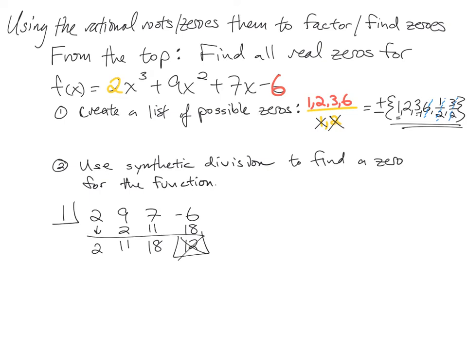Okay, 1 did not give us a 0. Let's move on to 2. Ugh. 2 does not give us a 0. I'm thinking we may have to pick a negative number. Let's see.